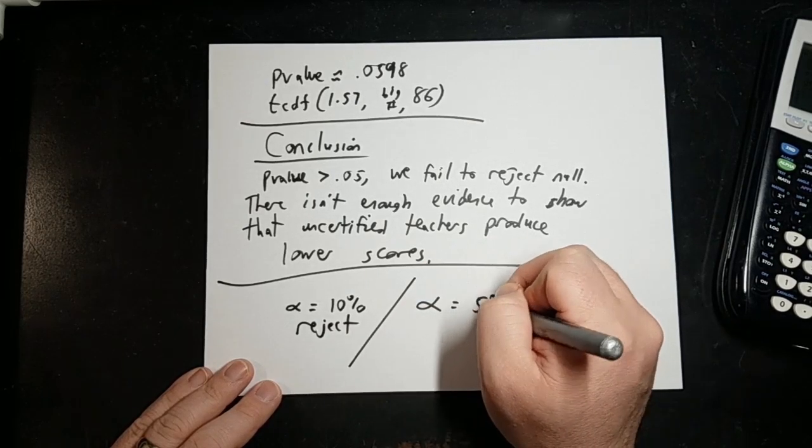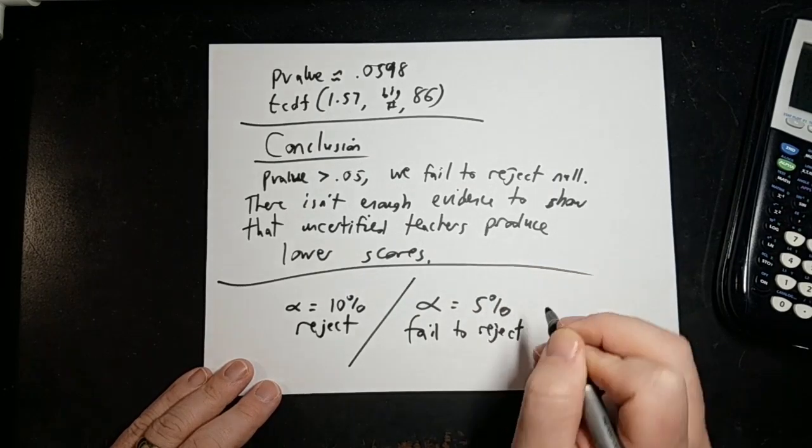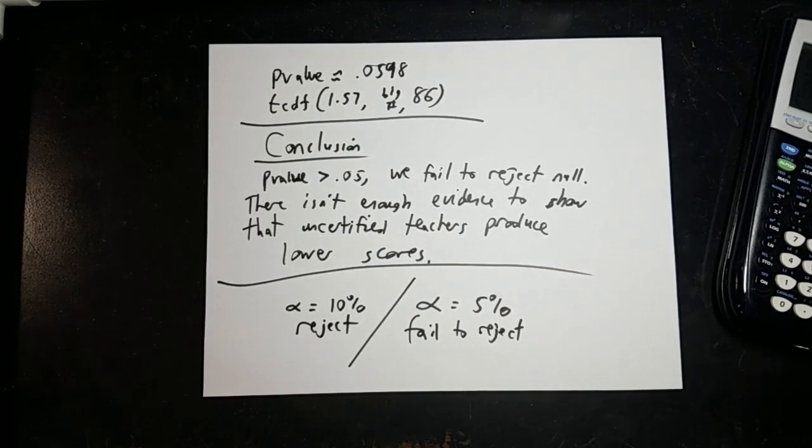But you would fail to reject at an alpha level of 5%. Again, if you wanted to get a little bit more detailed about it, and they may ask you about this in the future, you could say something to the effect of, well, we would fail to reject at the 5% level, meaning there's not enough evidence, but there is enough evidence at the 10% level. And that would be something that would be appropriate.